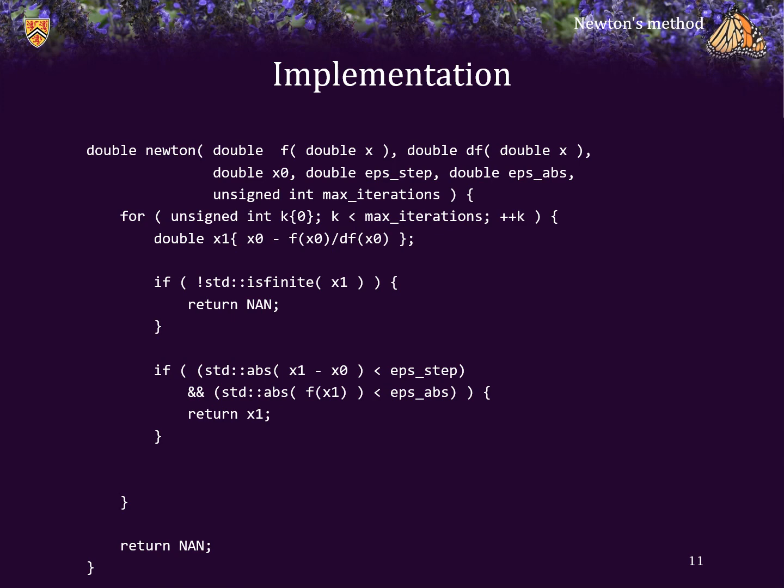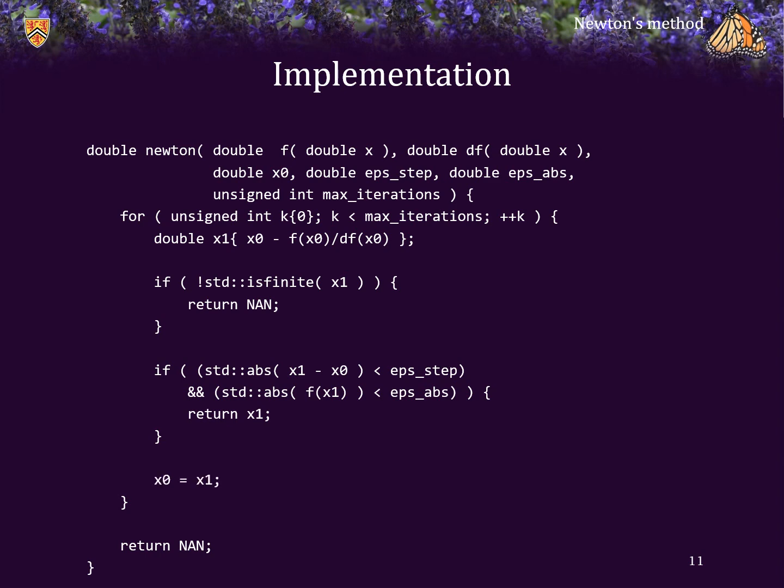However, if the difference between x0 and x1 is sufficiently small, and if the value of the function in absolute value at x1 is also sufficiently small, then we will return x1 as our best approximation of the root that satisfies the conditions we have.